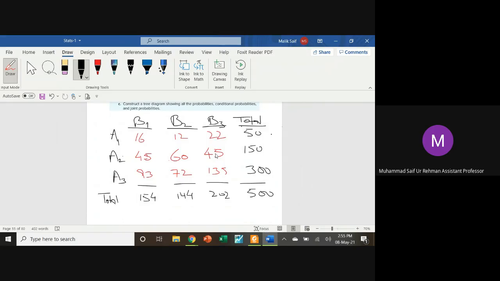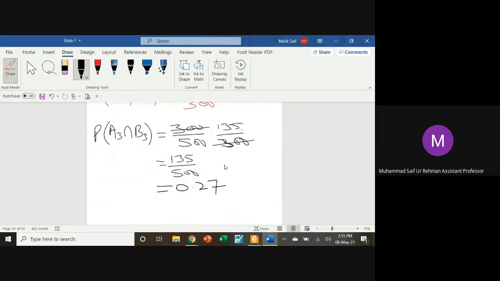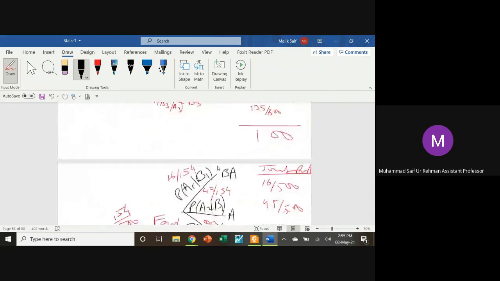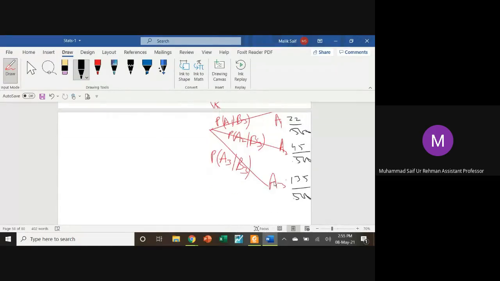So 22, 45, 135, because 202 will be cancelled out with the numerator. All divided by 500. So you will neatly write down these figures. Sorry, I am unable to write down these values fairly.